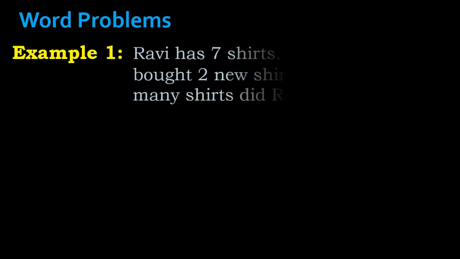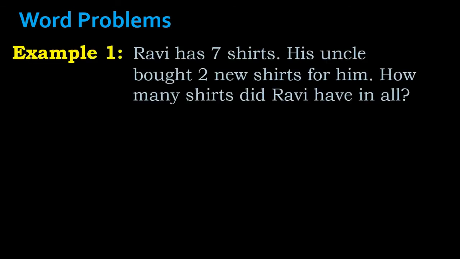Now let us take some word problems. Example number 1. Ravi has 7 shirts. His uncle bought 2 new shirts for him. How many shirts did Ravi have in all?